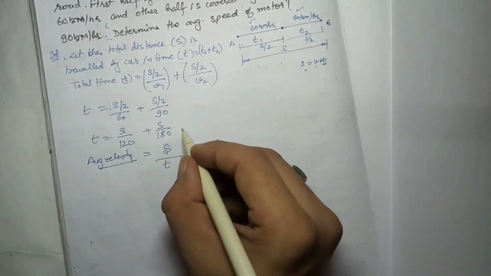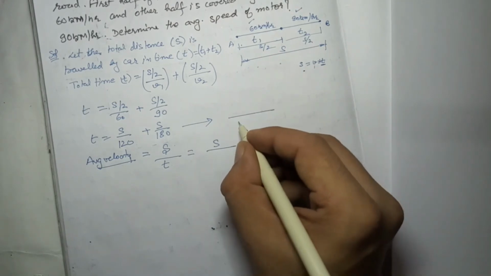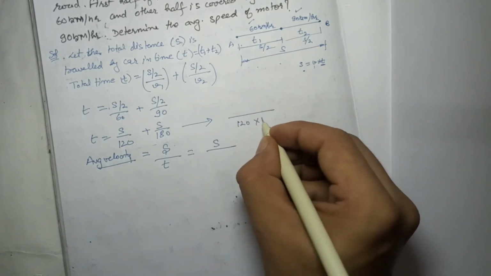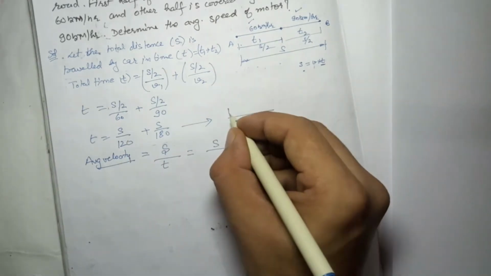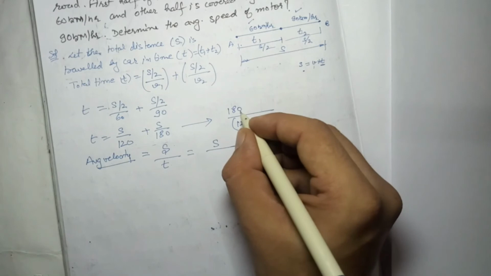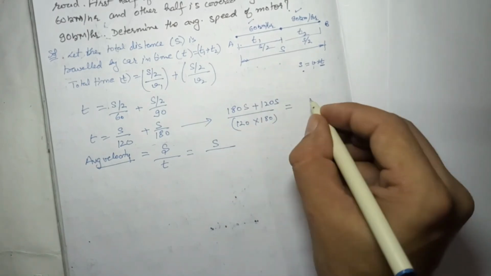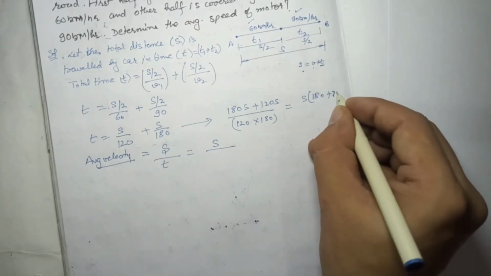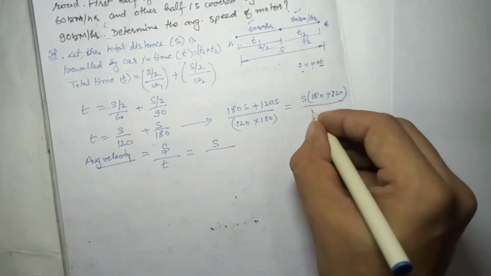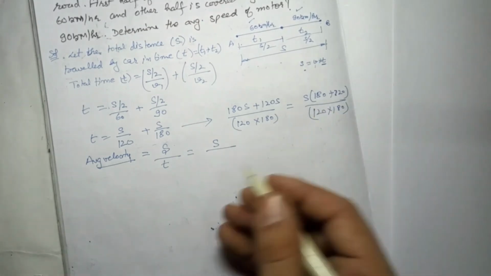I can make it easier if I take it this way. This is 120 into 180 in the denominator, and the numerator becomes 180 s plus 120 s. If I take s common, I get 180 plus 120, that is 300, divided by 120 into 180, just to make it simple.